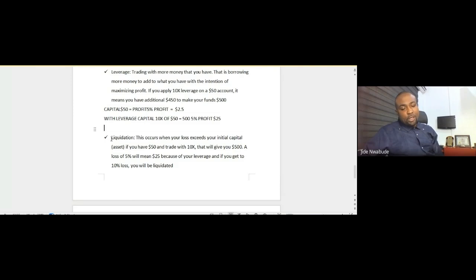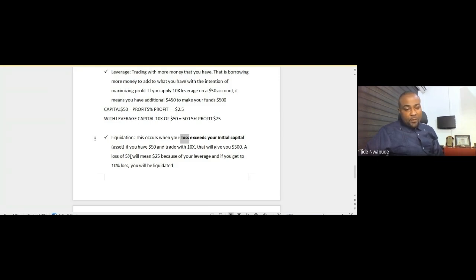So let's come to liquidation. In crypto, liquidation is your call when your losses exceed your initial capital. Remember, you're using a leverage of 10x and your balance is 500.